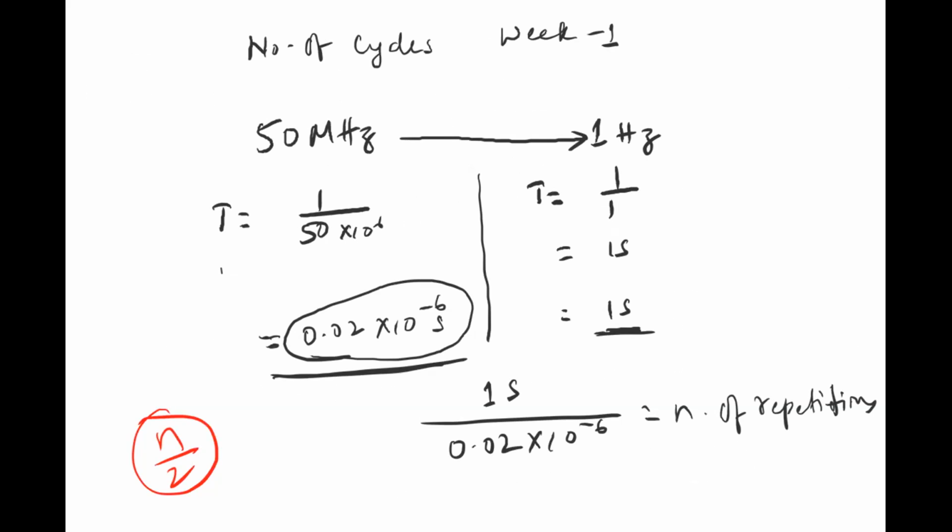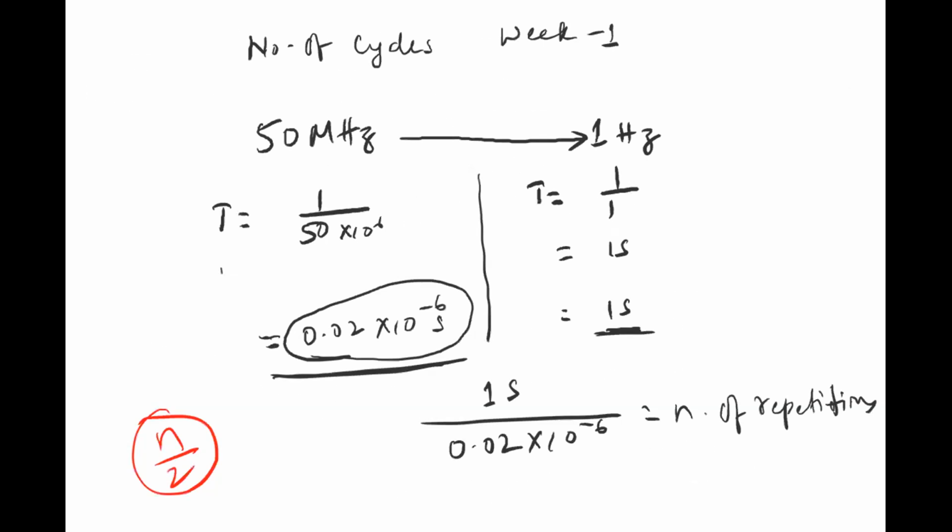So if we need to generate a new clock of 1 hertz frequency, it needs this many repetitions per time period. This is the number of cycles of the old clock per time period of the new 1 hertz clock.